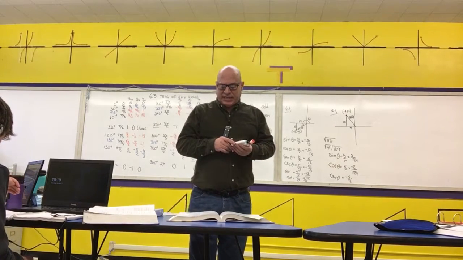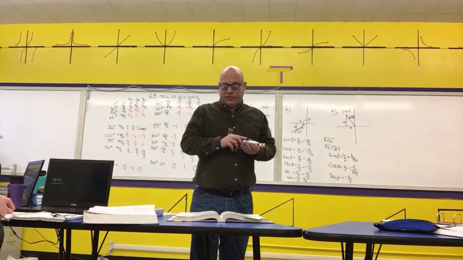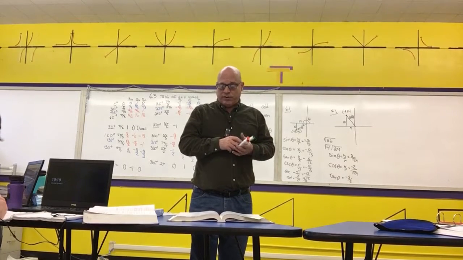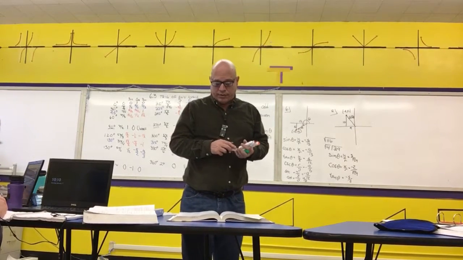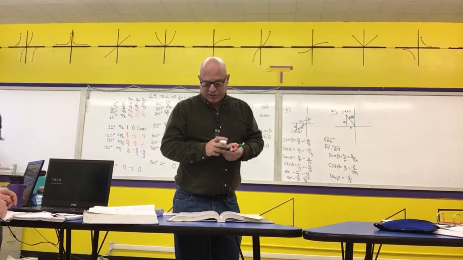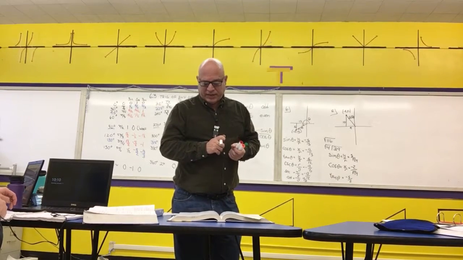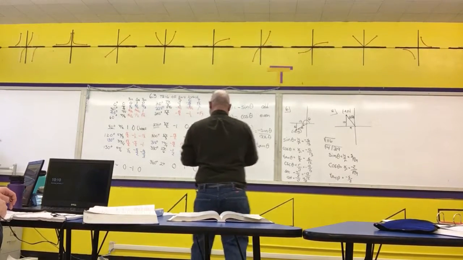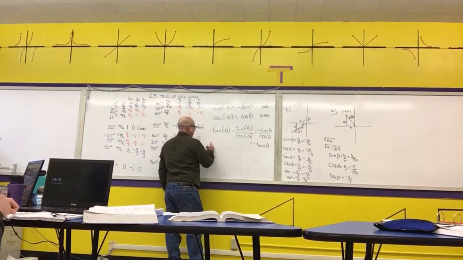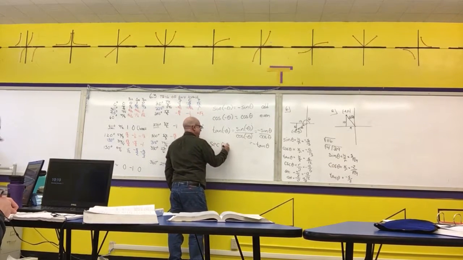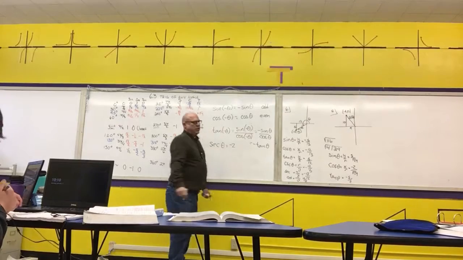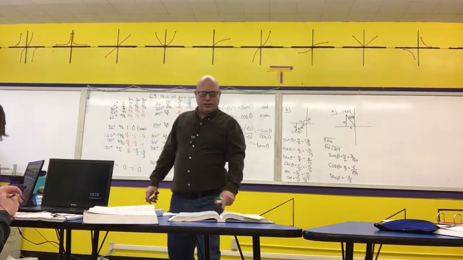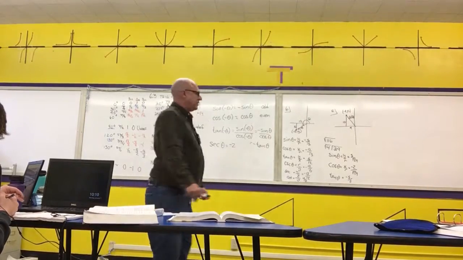So problems like 19 through 28, they give you a trig function of an angle, and then they tell you a quadrant or enough information to find out a quadrant. I am going to do problem number 25. 25 says the secant of my angle is -2. The other fact that they give me is that the sine is negative.